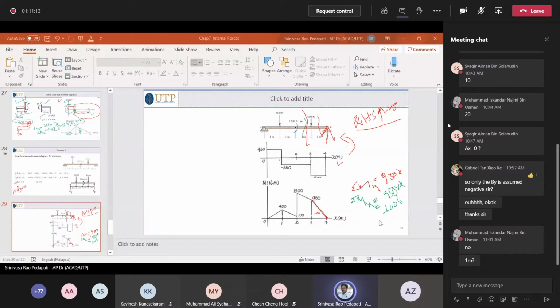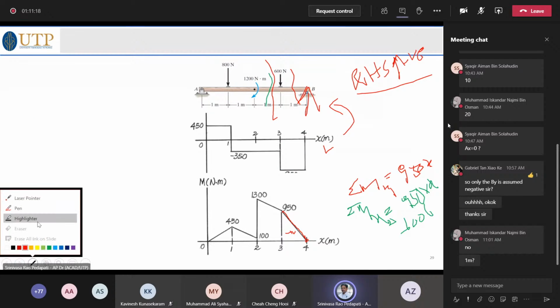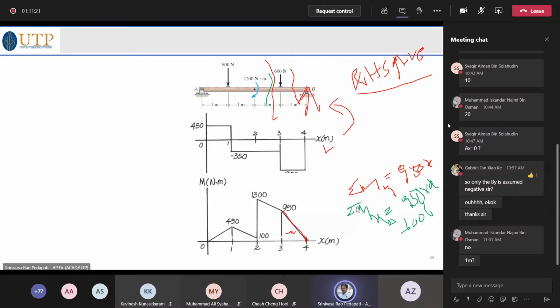Suppose in this case, let me write here, this is 950 times x, minus 600 times x minus 1.